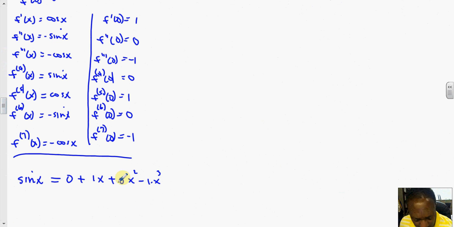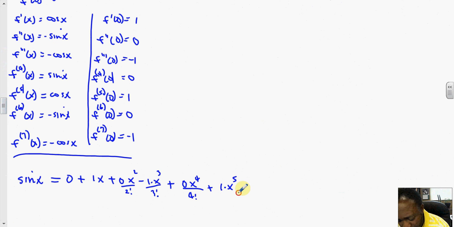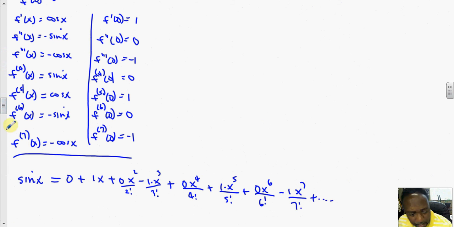And we need to divide by the factorials because that's in the definition. Plus for the fourth one, it's 0 times x to the fourth over 4 factorial. The fifth is plus 1 times x to the fifth over 5 factorial, plus 0 times x to the sixth over 6 factorial, minus 1 times x to the seventh over 7 factorial, and so on.